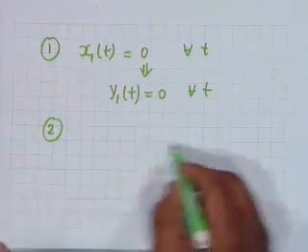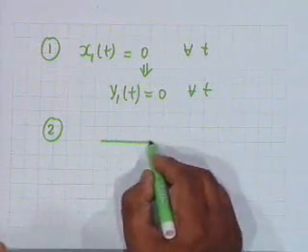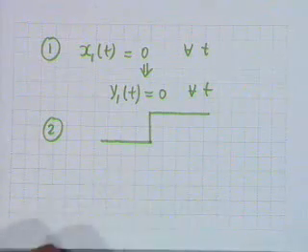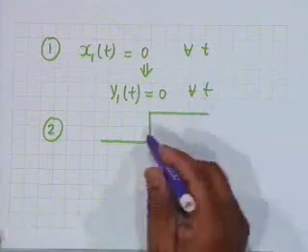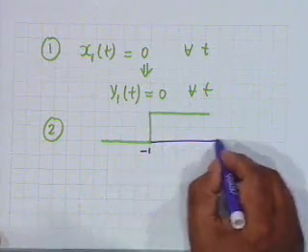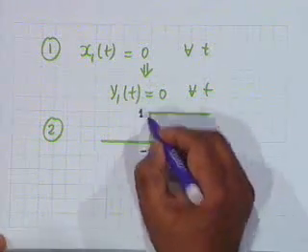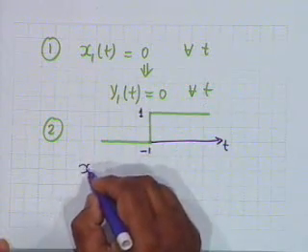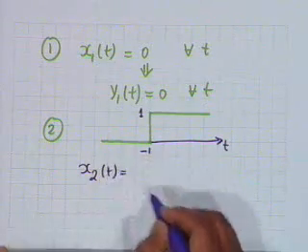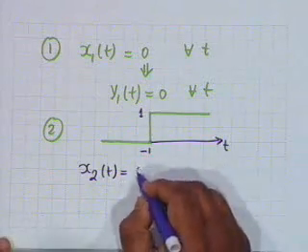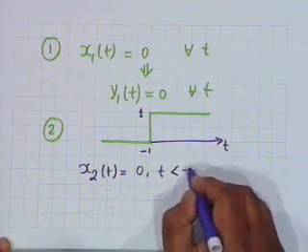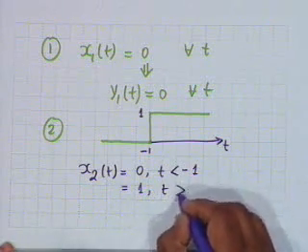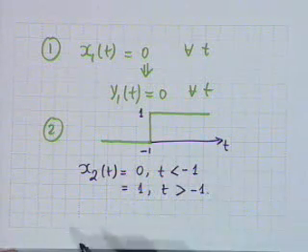The second input that we consider is like this. We have a unit step occurring at -1. This is my t-axis and this is 1. In other words, x2 of t, the second input, is 0 for t less than -1 and is equal to 1 for t greater than -1.